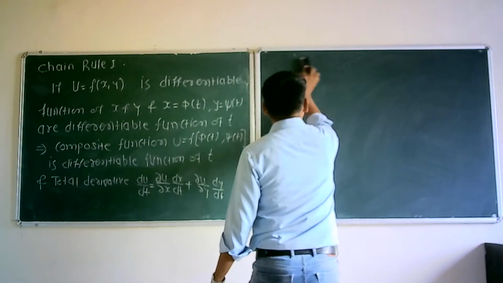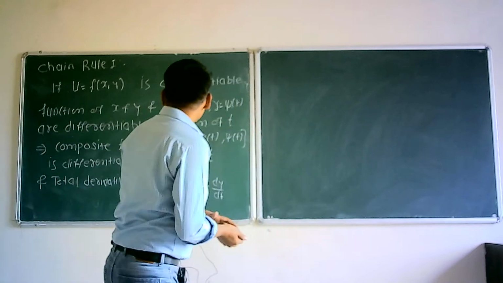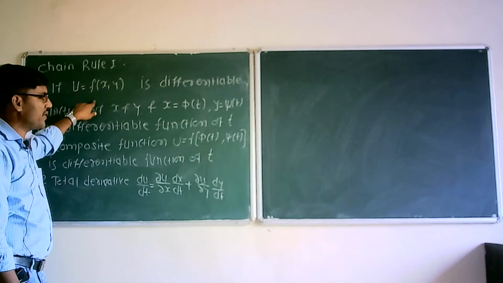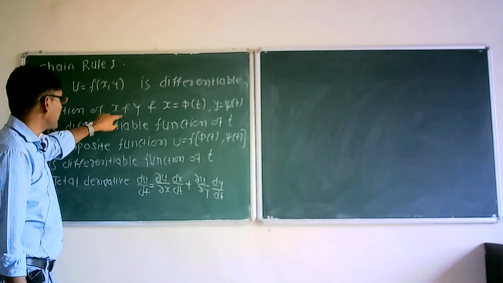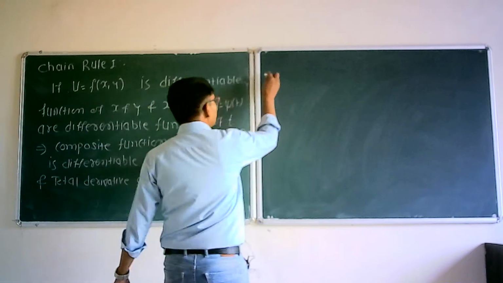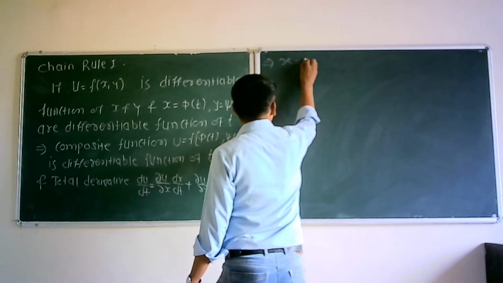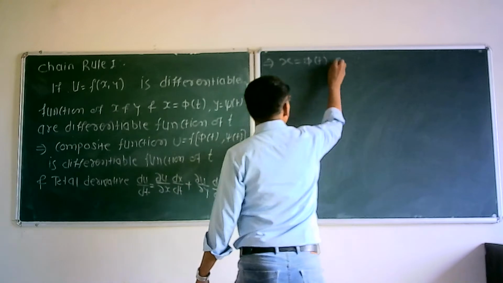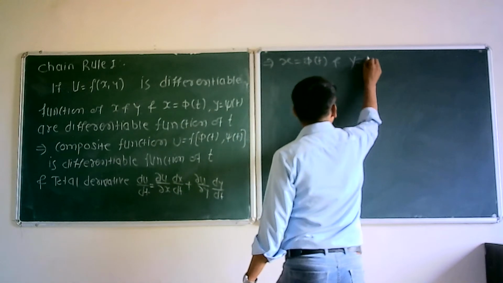So what is given? u is equal to f of x, y, a differentiable function of x and y, and x is equal to phi of t and y is equal to psi of t.